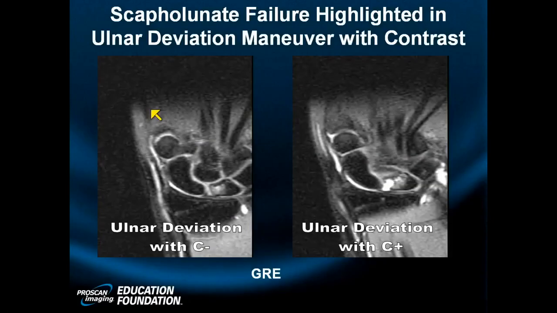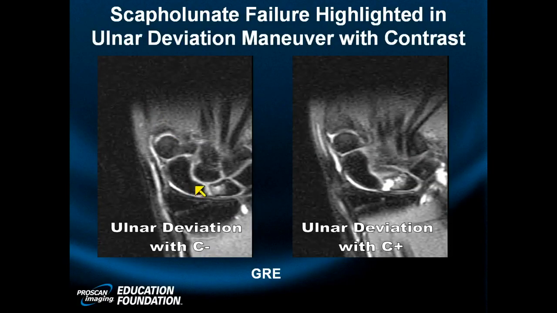The pickup rate for scapholunate tears on MRI is 98%. For lunato-triquetral tears, not so much. Pickup rate, 82%. So if you do an MR looking for LT failure and it's negative, then you should do the arthrogram. But that's an exceptional circumstance.